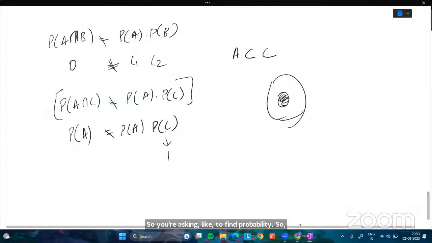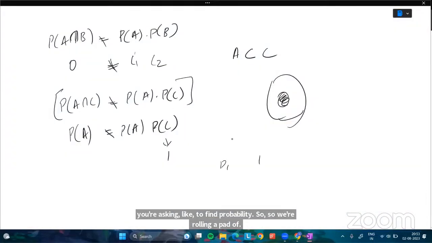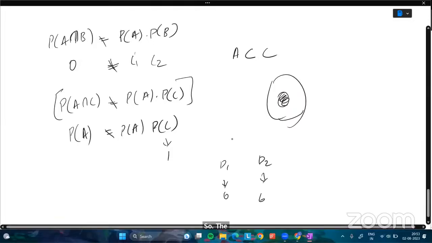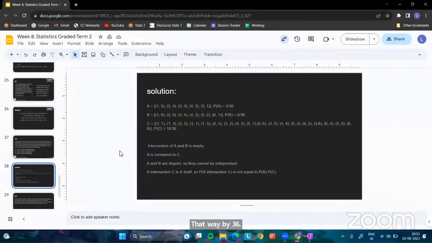So the first dice will have 6 outcomes from 1 to 6. It will be by 36. And since there are 5 here, it will be 5 in the numerator. But to check independence, we don't need to find out what the exact value is because we know that it's 0 in the first case.